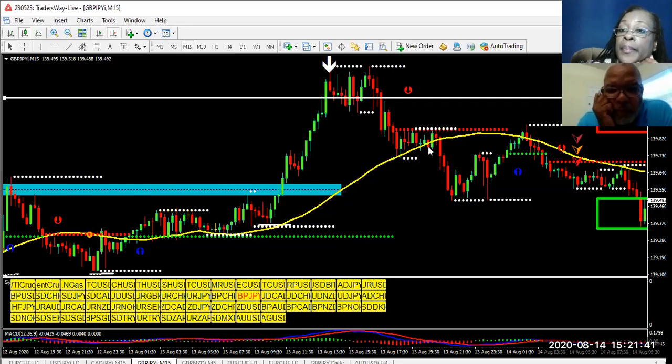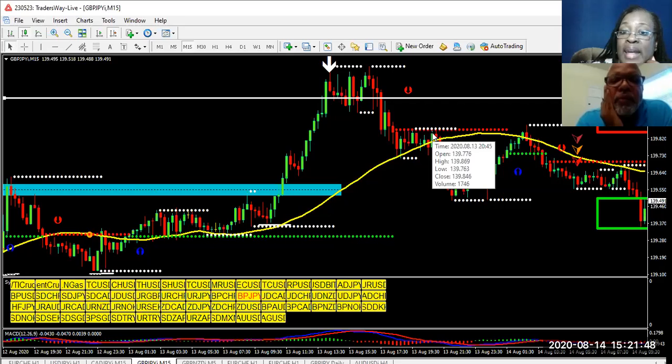If we were buying, you see this bullish candle right here. The body, the close of that candle, is above this moving average, so it will qualify. Yes. Okay.